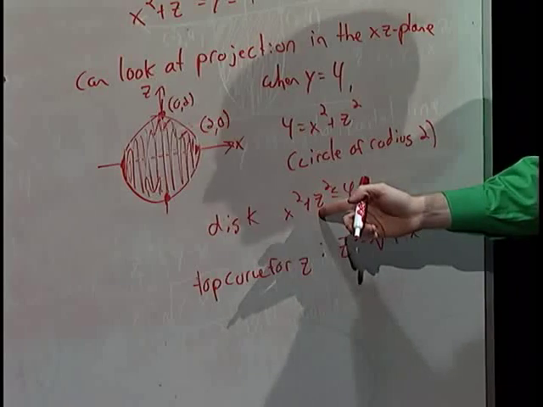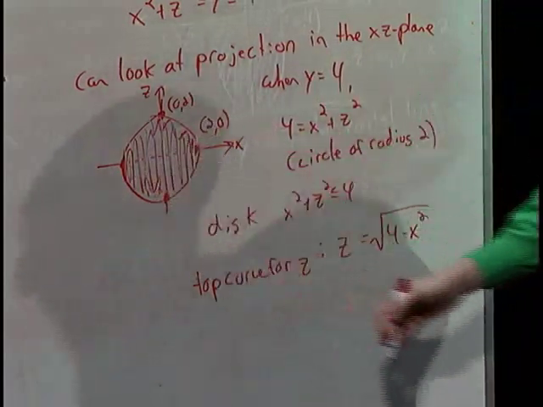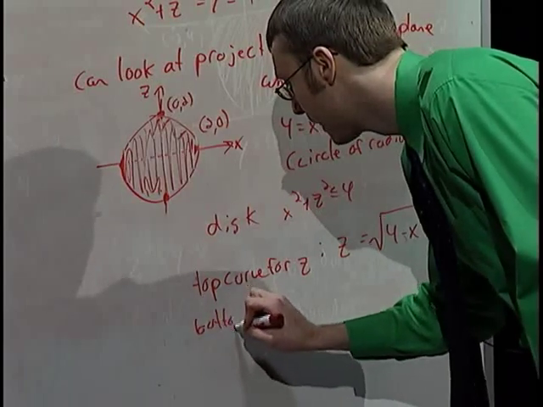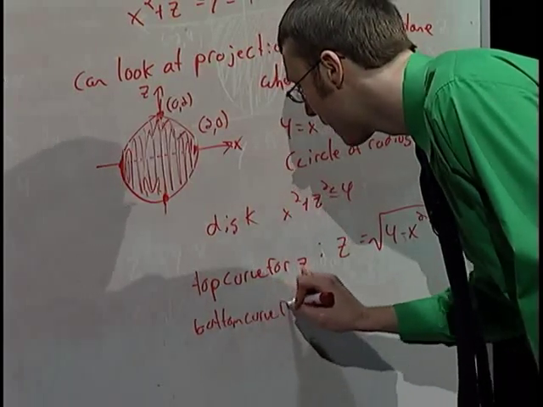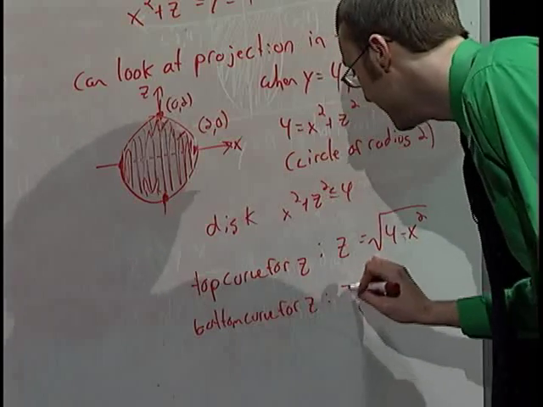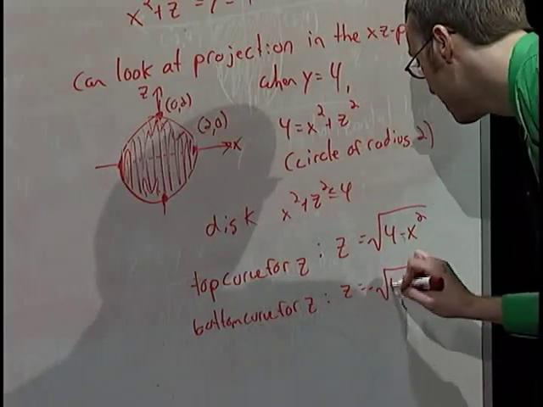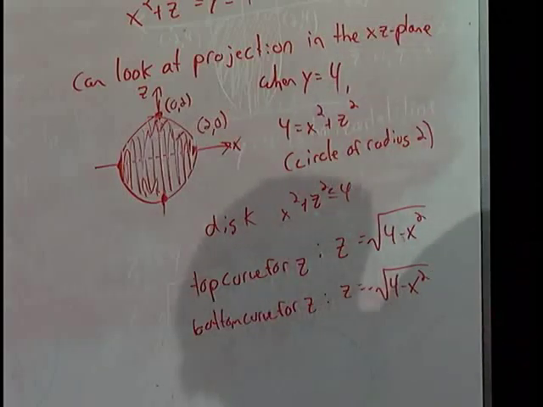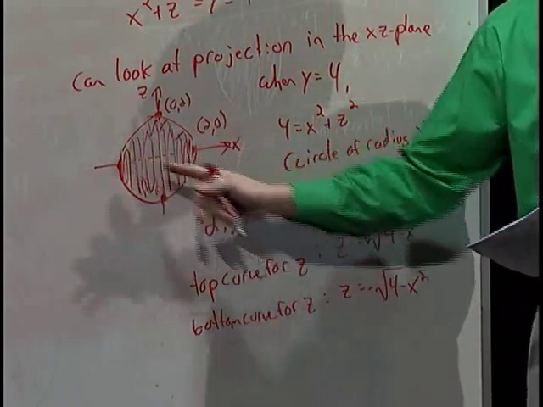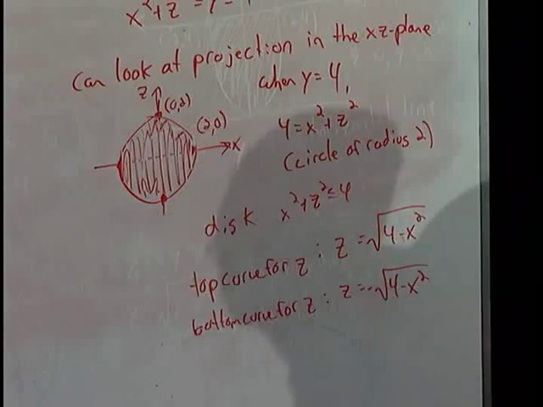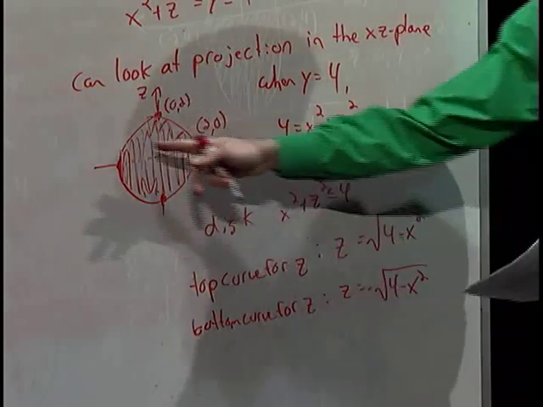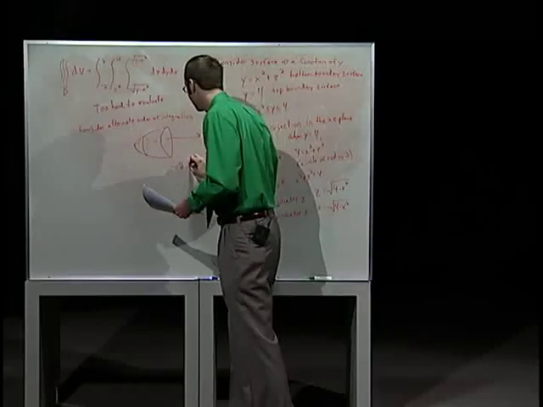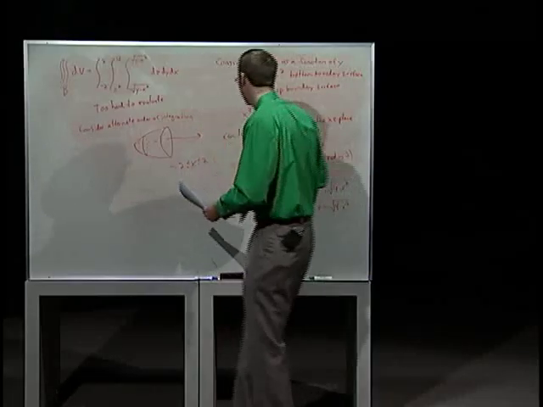We'll get two answers, top half and bottom half, because it's not a function. And the bottom curve for z is z equals negative square root of 4 minus x squared, right? So that's the bottom half of this circle, okay? So there's your z limits, and your x limits come from just the x-axis, which ranges from -2 to 2. -2 less than or equal to x less than or equal to 2.